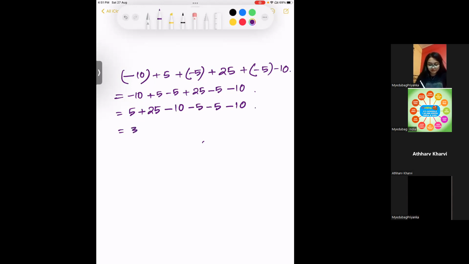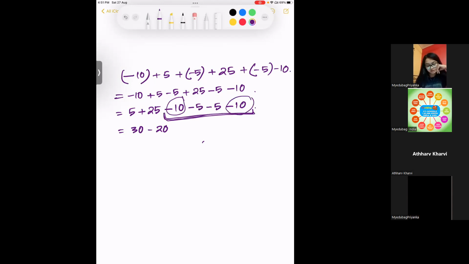Then for the negative integers, first add this one and this one.